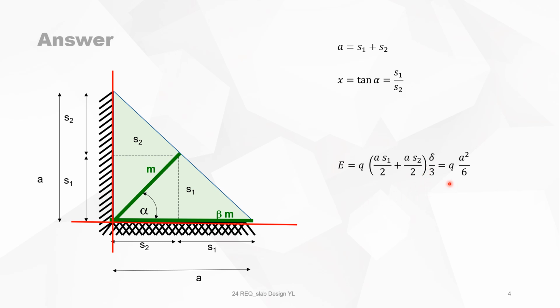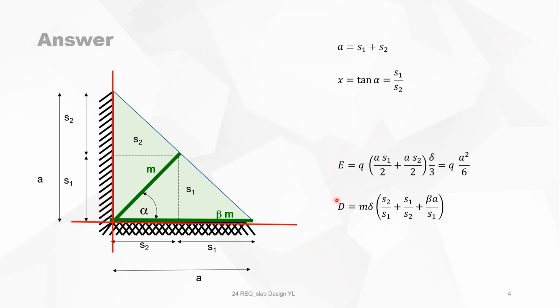This is then qA squared over 6. Of course, the slab is comprised of only triangles, so you can just take the total load, which is qA squared over 2, times the mean deflection delta over 3. So you can put this directly instead of doing it this way.